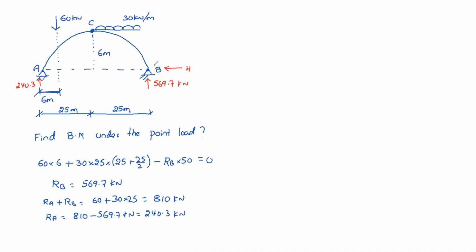Next is H. We need to find H. So bending moment at C equals 0. You can take it from the left side or right side. Let us find it from the left side. That is 240.3 into 25 as one moment clockwise, minus anti-clockwise 60 into 25 minus 6, 19, minus anti-clockwise H into 6 equals 0.